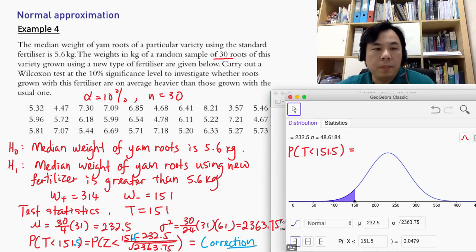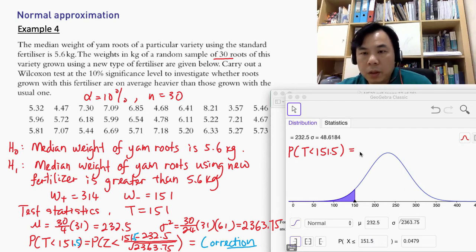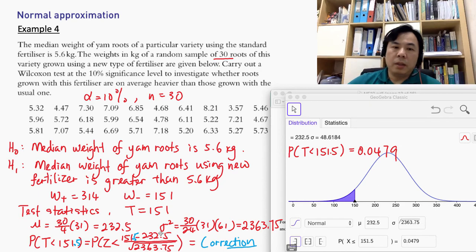Yep. So you should be able to get 0.0479. Right now, the data booklet part, I will leave it to you to refer to. But you should be able to get 0.0479.